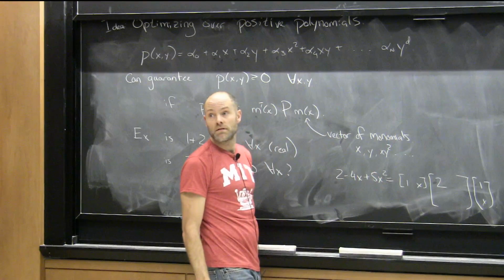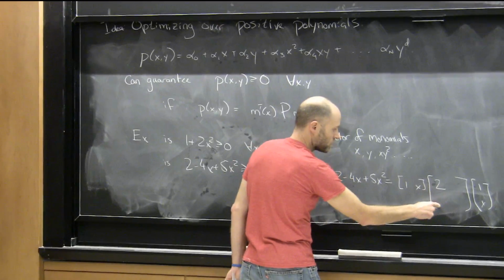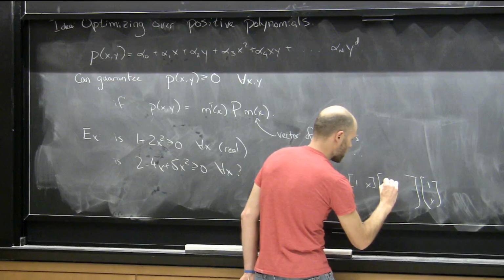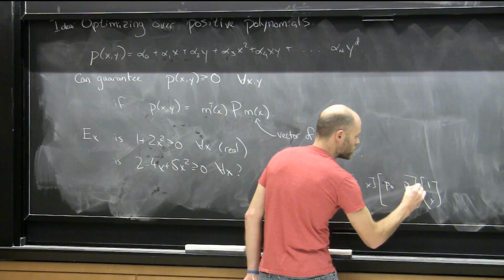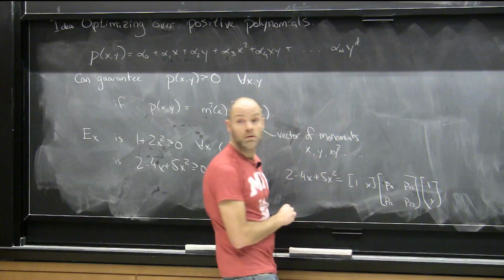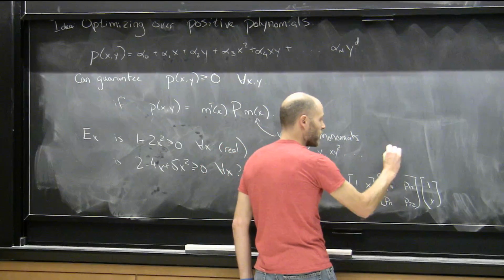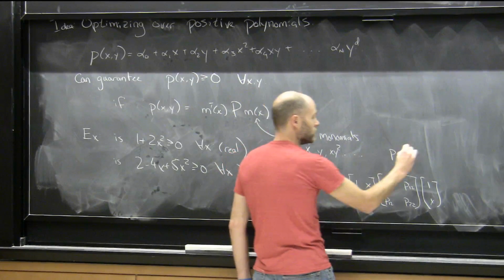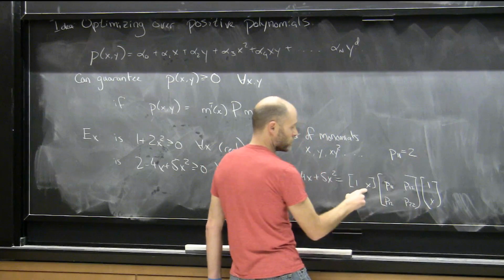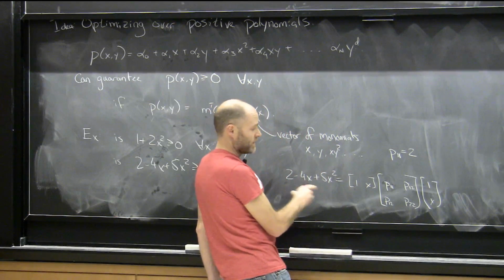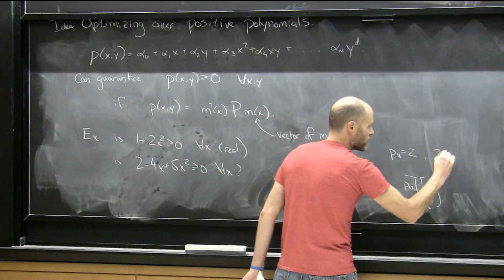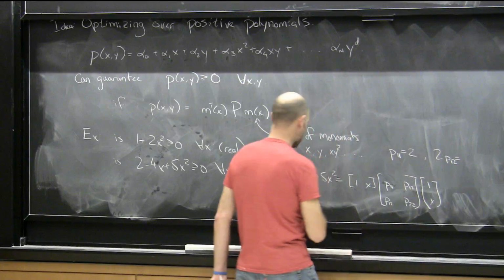This is P11, P12. It's going to be a symmetric matrix. So P11 we know has to equal 2. P12 is going to contribute an x term, as is this one, so we actually get 2 times P12 has got to equal negative 4.